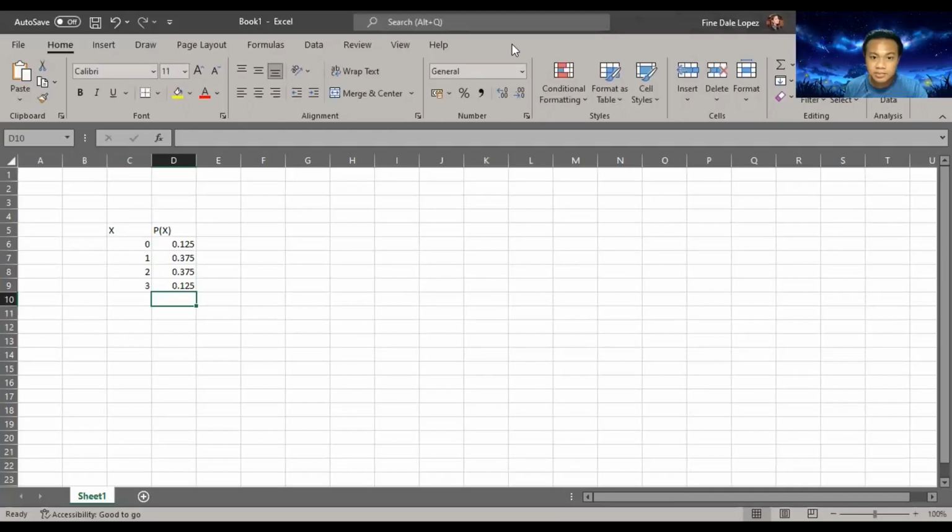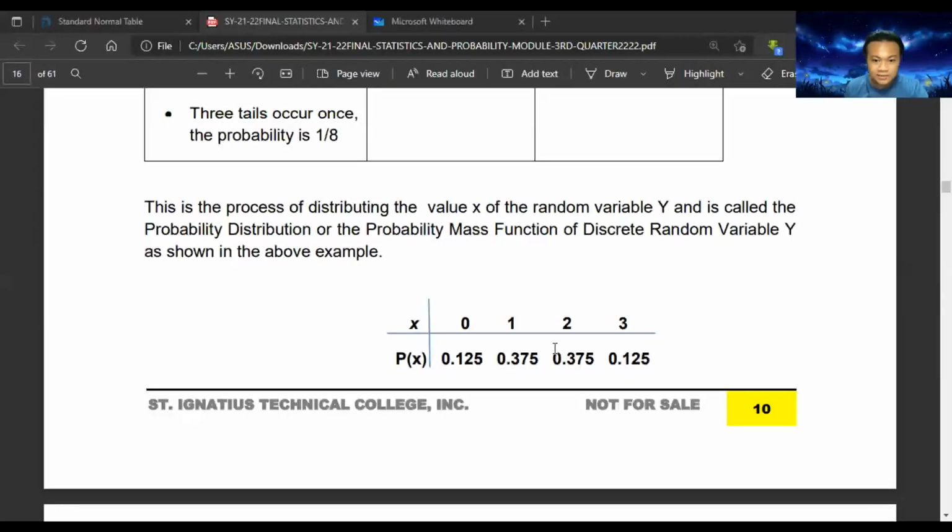Let me check if we made any mistakes. These are the values: 0.125, 0.375, 0.375, 0.125.